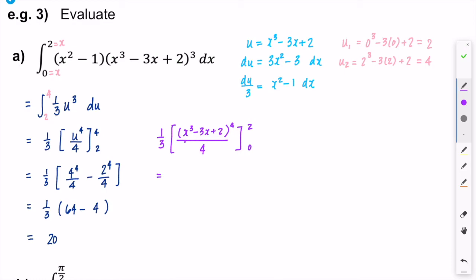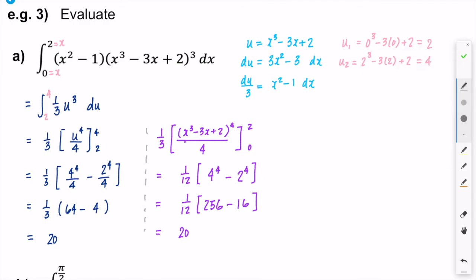Here I can pull out that 4 as well to make it easier. So substituting 2, I have 8 minus 6, 2, 4, 4 to the power 4 here, minus 0, 2 to the power 4. So 4 to the power 4 is 256, and 2 to the power 4 is 16. This is 240. 240 divided by 12 is also 20. So as a result, you do get the same answer.